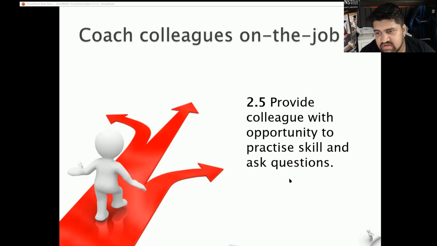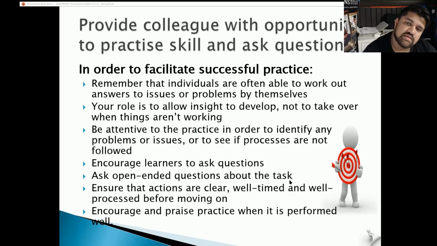2.5. Provide colleagues with opportunity to practice skills and ask questions. So in order to facilitate successful practice, remember that individuals are often able to work out answers to issues or problems by themselves. Your role is to allow insight to develop, not to take over when things aren't working.